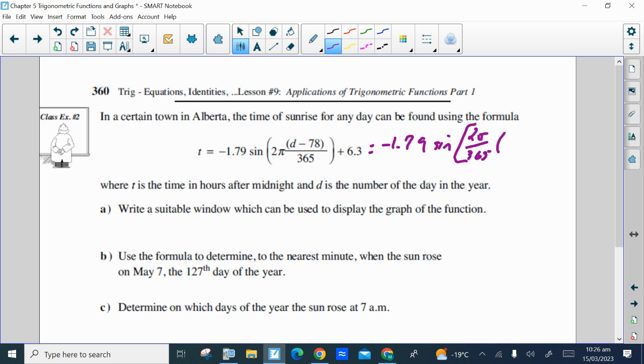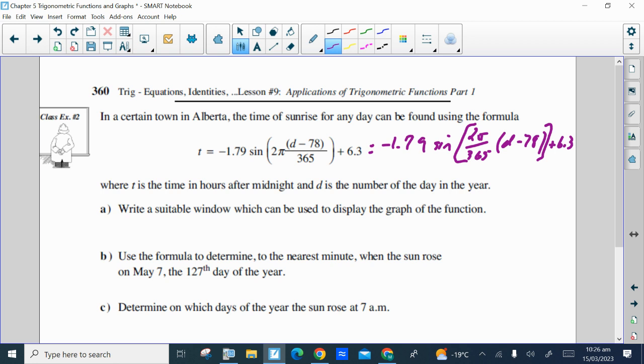That is our actual B value. Our C value is 78, so the graph would shift 78 to the right. And our D value is 6.3, so that is our horizontal midline. That's like the average time of sunrise for the year, 6.3 hours after midnight.